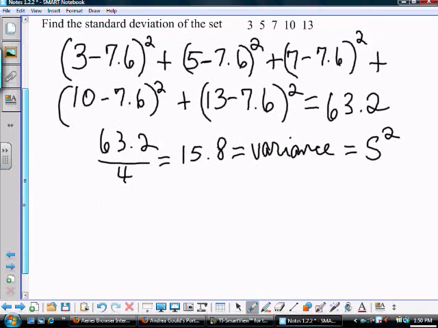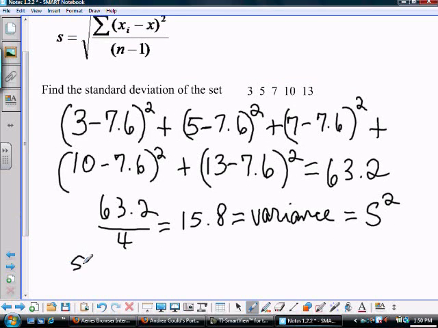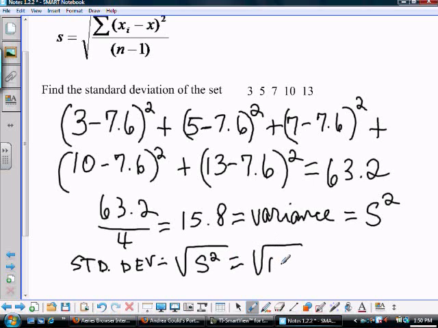So now to find my standard deviation, and I'll abbreviate that STDDEV, is the square root of the variance, which is the square root of 15.8, which is 3.97, which means on average my values have a distance of 3.97 from the mean.